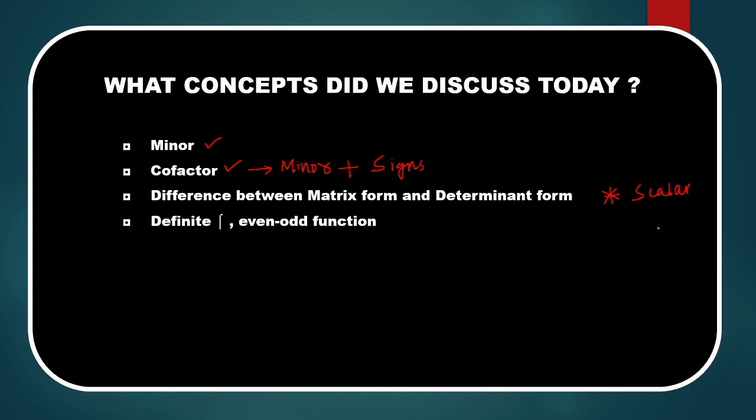In a matrix we can multiply each and every element, but in determinant form we cannot multiply each and every element. We can multiply either one row or one column. And we solved a numerical objective question where we saw the definite integral property and what is an even and odd function.